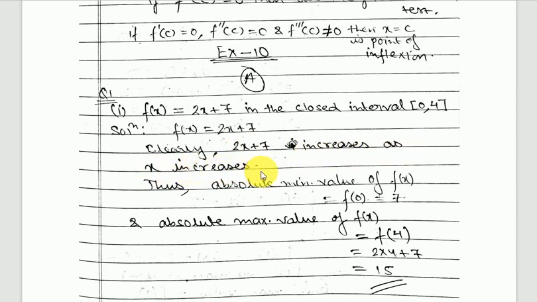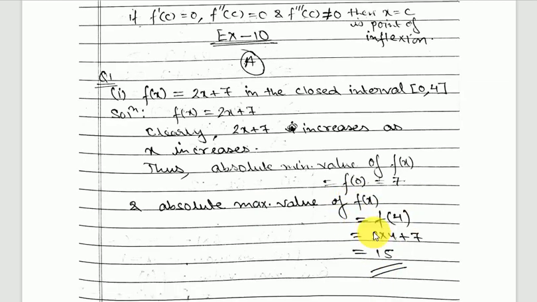So for x equal to 0, this will give you the minimum, and for x equal to 4, this function will give you the maximum. So the absolute minimum value of this function is f(0), that is 7. The point of minimum is 0 and the minimum value is 7, and the point of maximum is 4, and the maximum value of this function is 15.